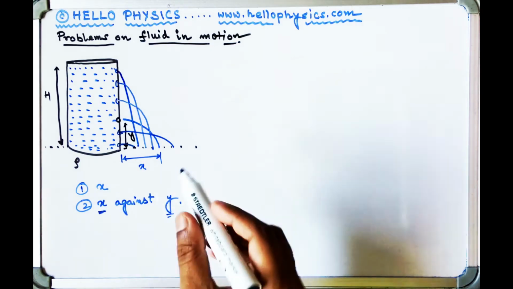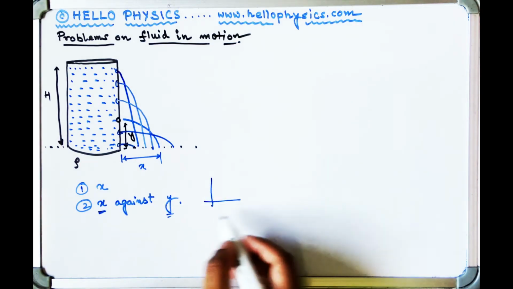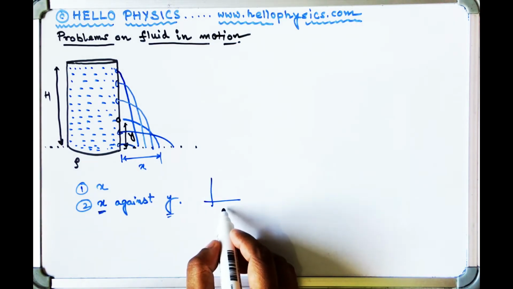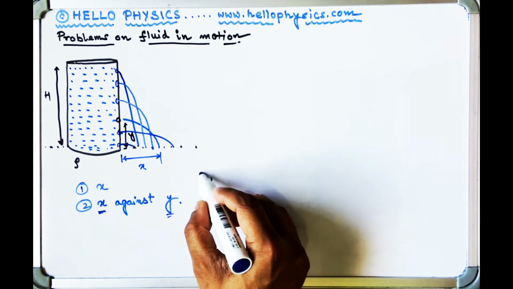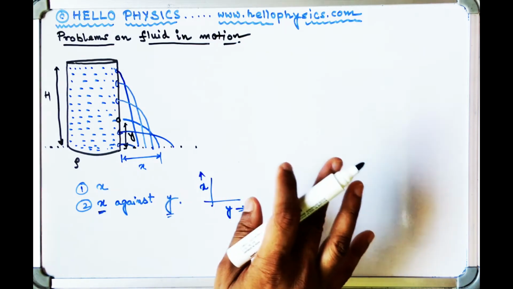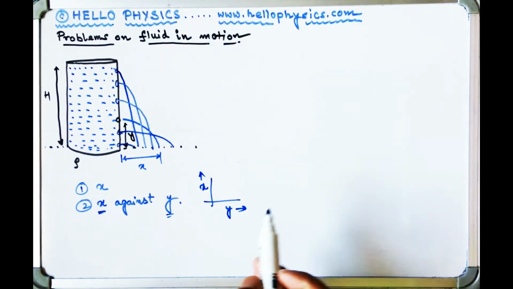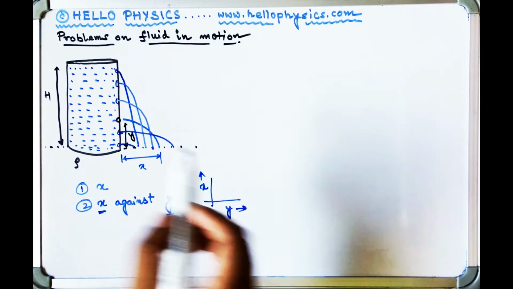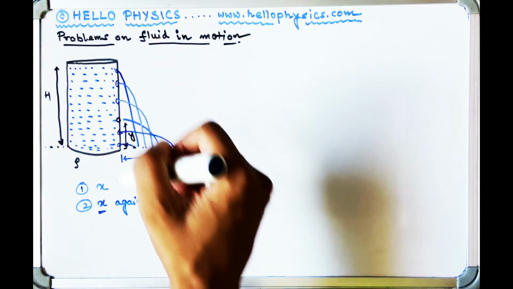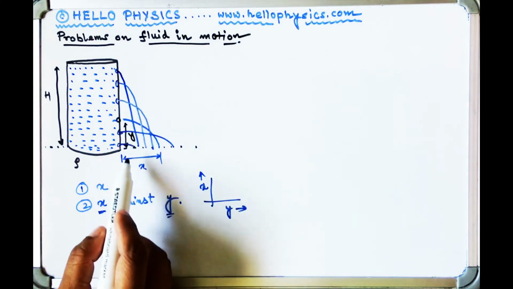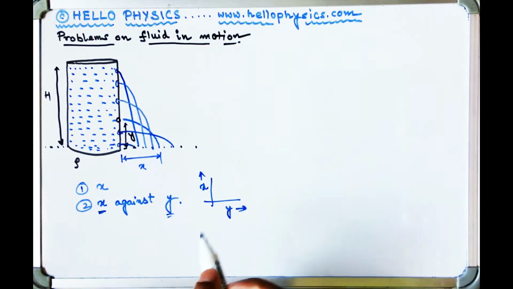So you have to plot x against y. So basically on the x-axis, you will be plotting y. On the y-axis, you will be plotting x. Let's not get confused with the terminology. What I mean to say is, on the x-axis, you plot the position at which you make the hole, and on the y-axis, you plot the distance at which the fluid will fall.